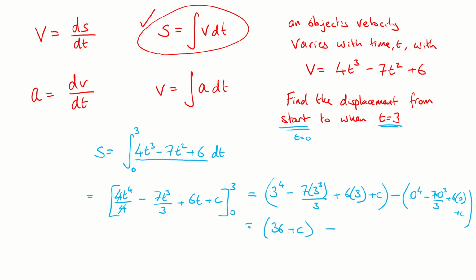The second bracket, I've got all the zeros plus c, so just a plus c. So our c's are going to cancel. Plus c take away plus c. C's cancel. We're left with 36. And assuming that the velocity was in meters per second, our times in seconds, our displacement would be 36 meters.